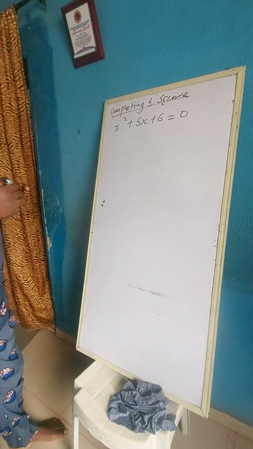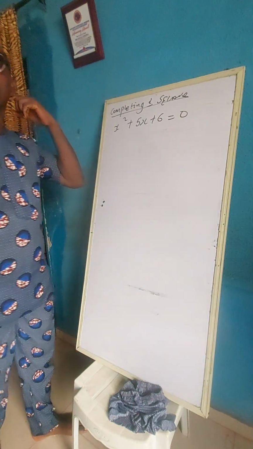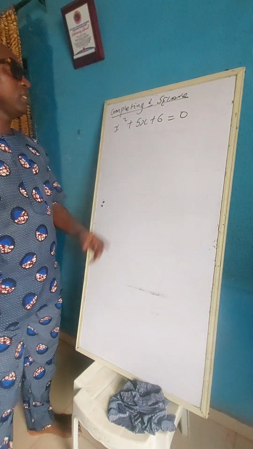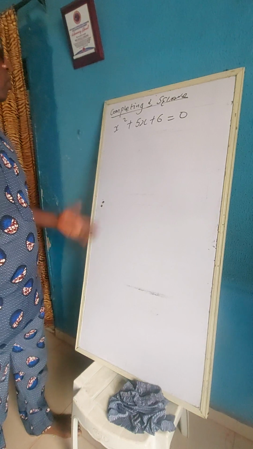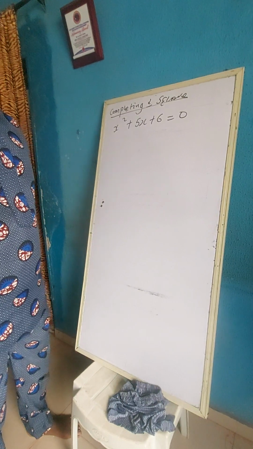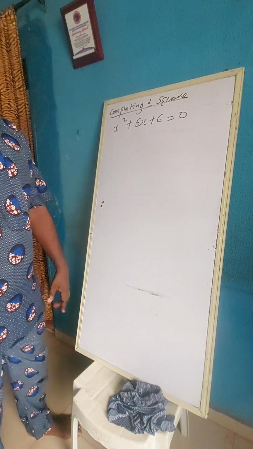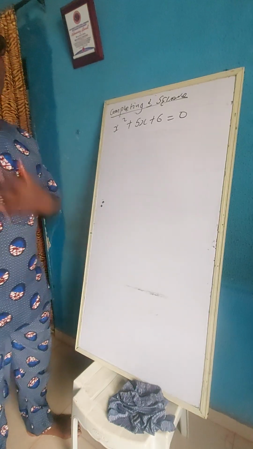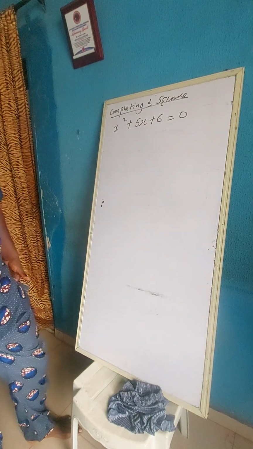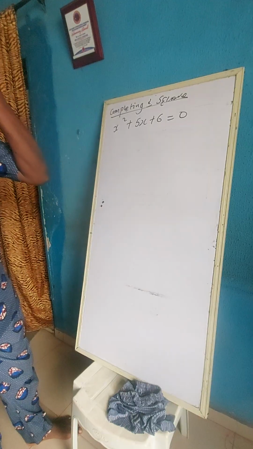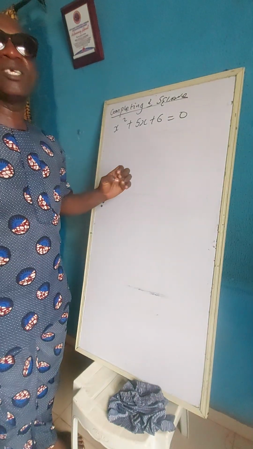Now, this is the third method, completing the square method. We are still going to solve the question we started with in the factorization method and the use of formula method, and this one we want to go to completing the square. The completing the square method is just the practical approach.